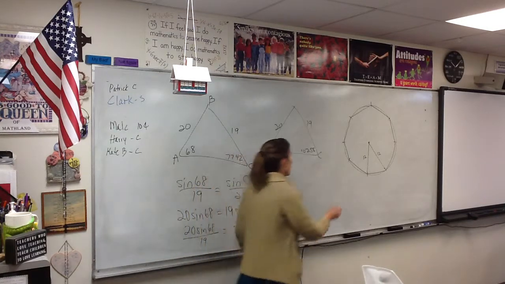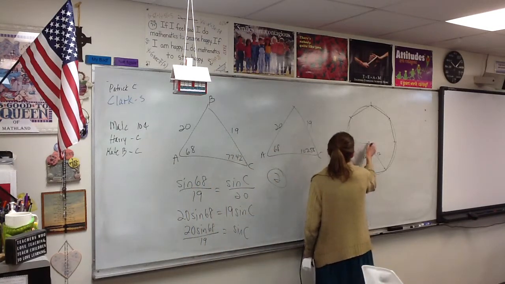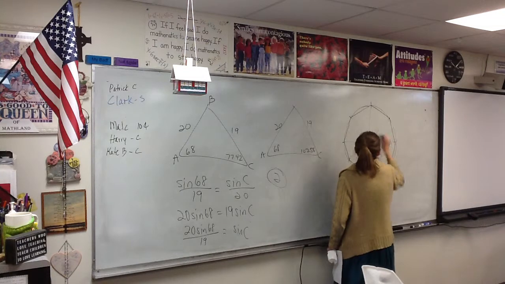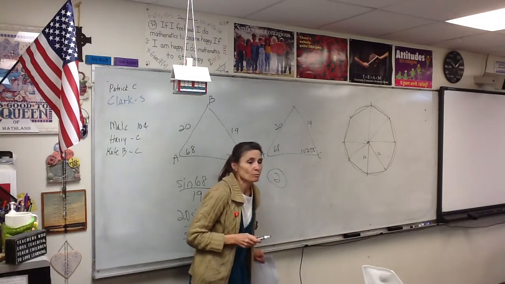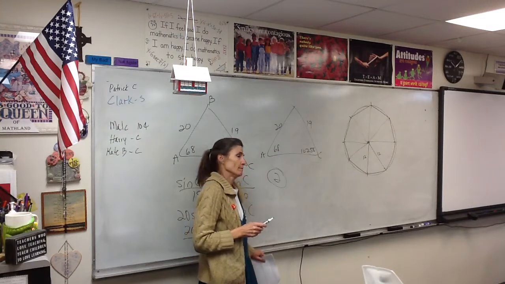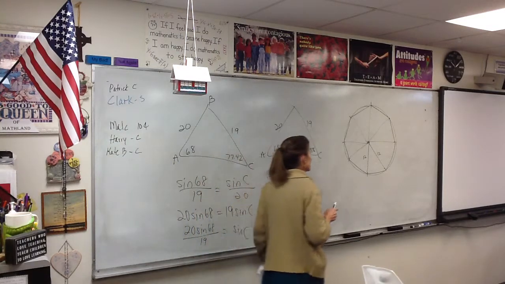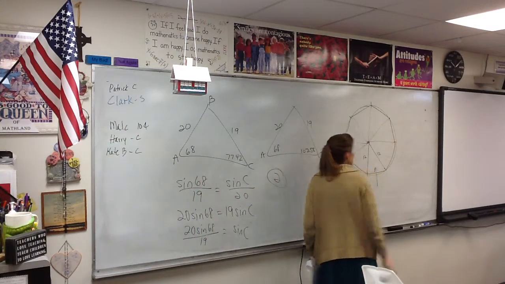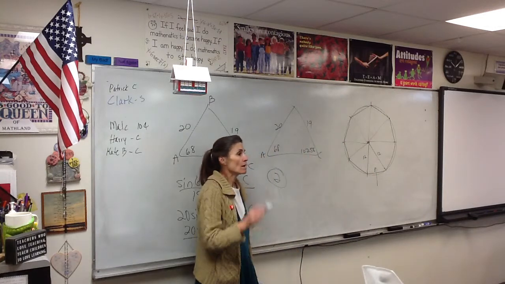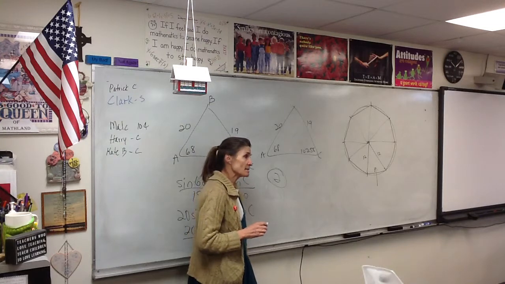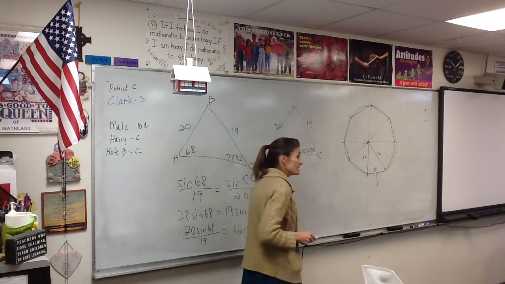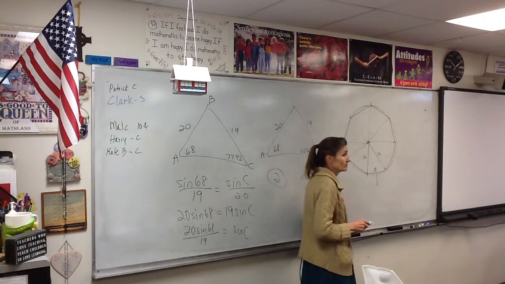You don't have to draw all 8 of them, but you're allowed to, of course, if you want. But we need to draw at least 2 of them because what shape are we shooting for here? Triangle. We want to find the area of this triangle because we know if we can find the area of that triangle, we'll just times it by 8 to get the area of the whole thing.